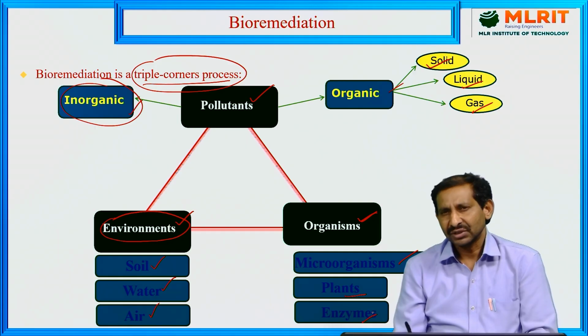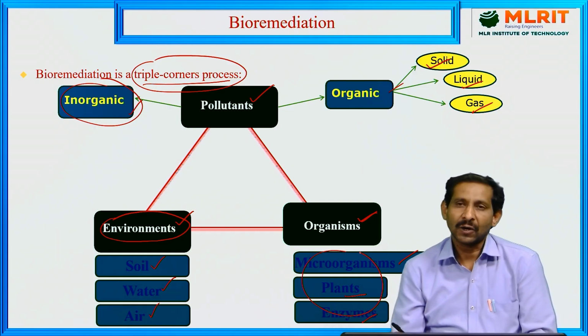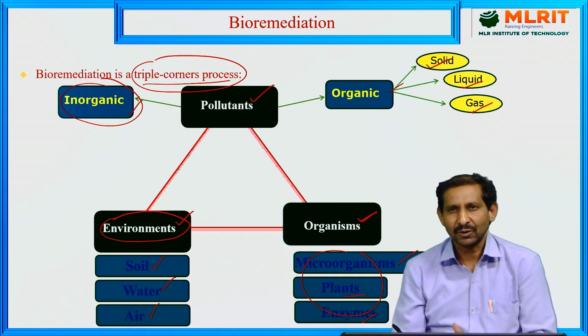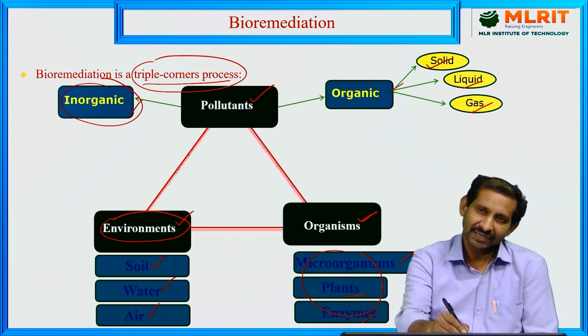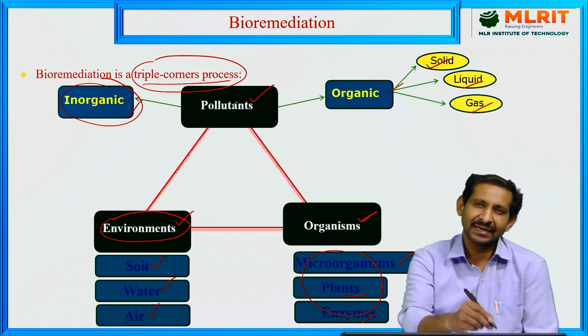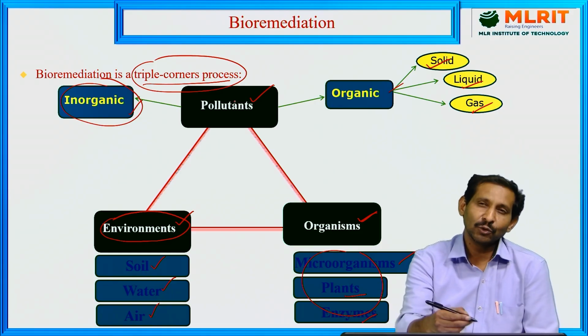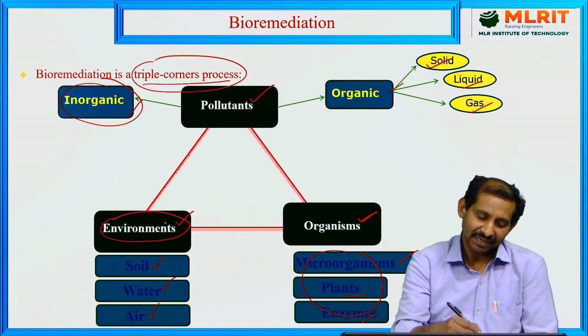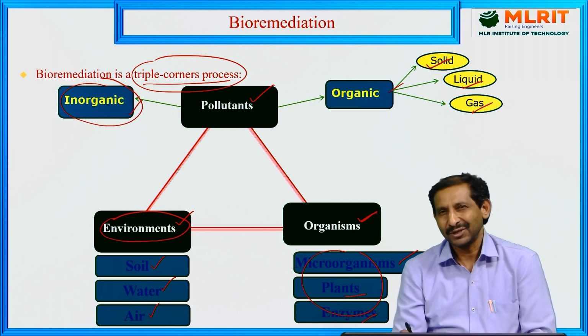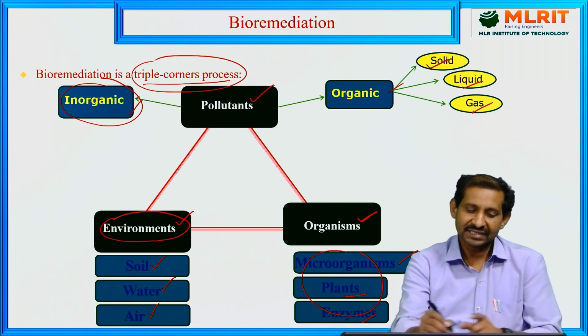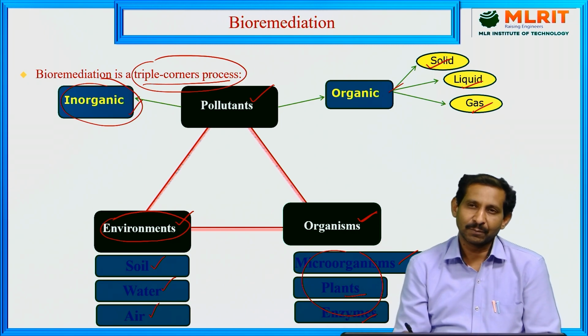These will be used as organisms or microbes. So that's why this is a triple corner process: what type of pollutants will be there, either inorganic or organic; where those pollutants are in the environment, either soil, water or air; and what type of organisms will be used. So this is the triple or triangle corner process.